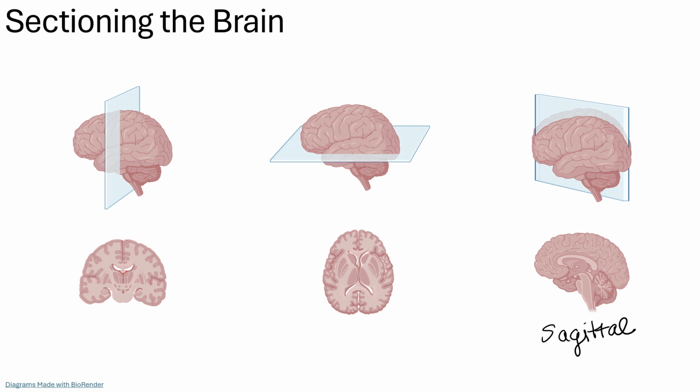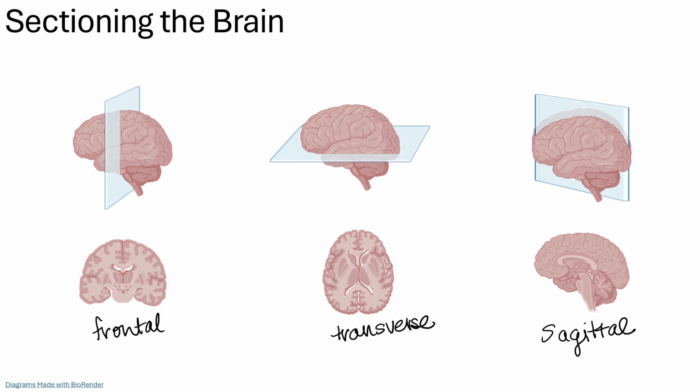This will be the most common section that we use. However, in the lab, we will use frontal and transverse pictures, which students tend to get mixed up with each other. They're a little bit more difficult to discern.